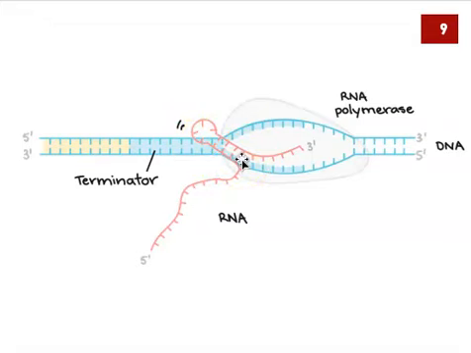This is going to finish transcription, and the reason is because this is a bulky piece of RNA, and it doesn't hang as nicely as the rest of the RNA does. It doesn't fit well inside the RNA polymerase enzyme, and it's going to cause the enzyme to let go at this point.